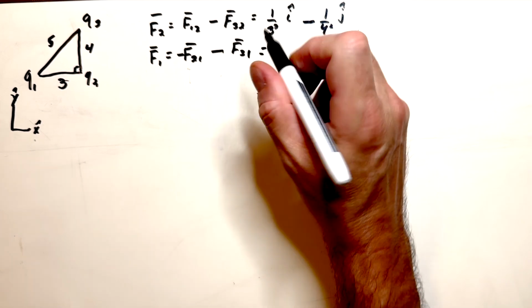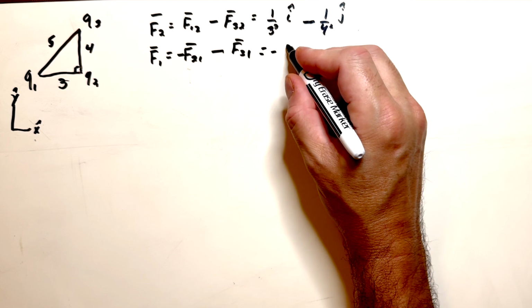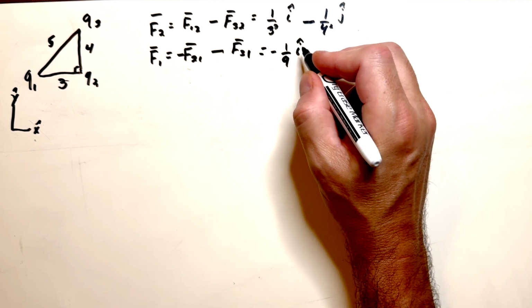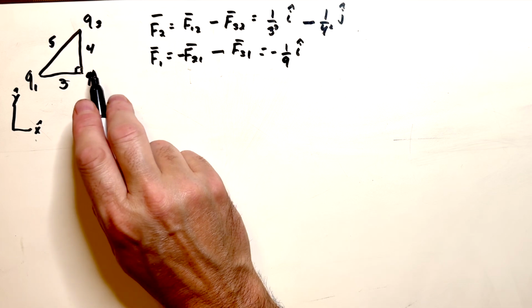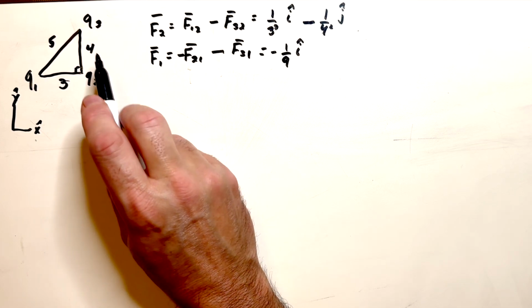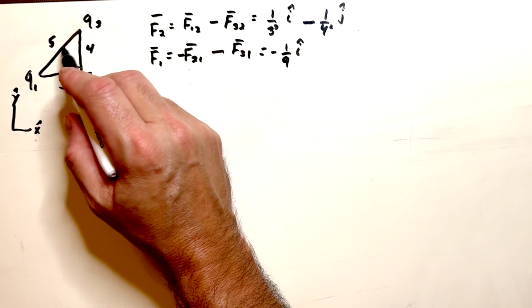So 1 over, the distance between 2 and 1, that's just along the I hat direction. So that's going to be, again, 1 over 3 squared, or 1 over 9, in the I direction. But for the force of 3 on 1, it has an x component and a y component.